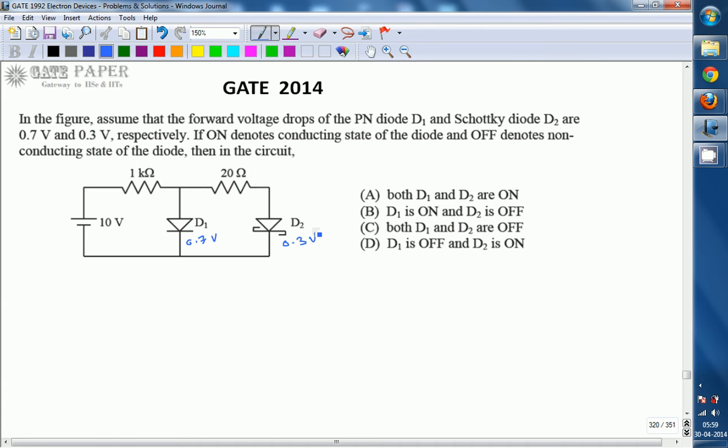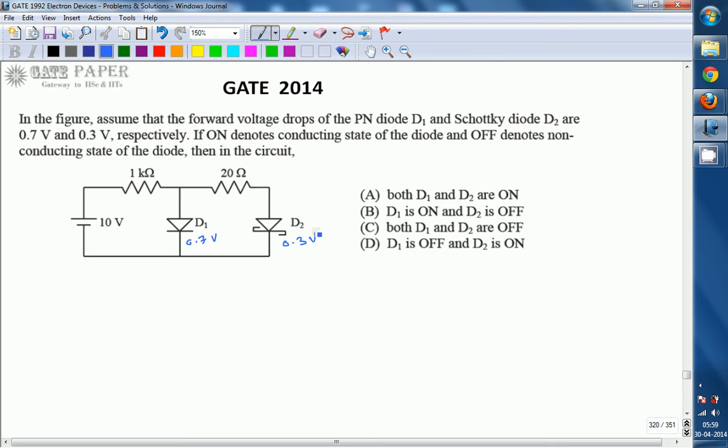So for an ordinary diode the cut-in voltage is 0.7 volts, and for a Schottky diode it is 0.3 volts. If you apply 10 volts through a resistor of 1 kilo ohm and 20 ohms to these diodes, what are the positions of D1 and D2, conducting or non-conducting?